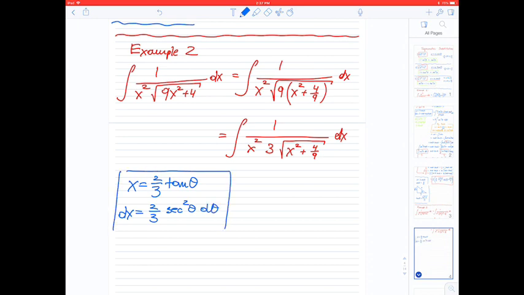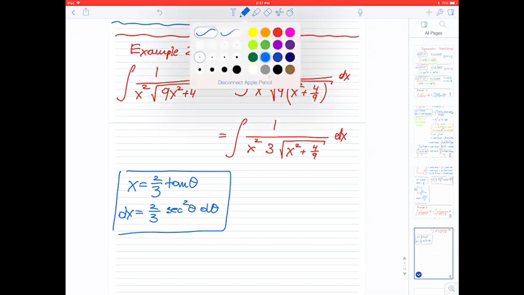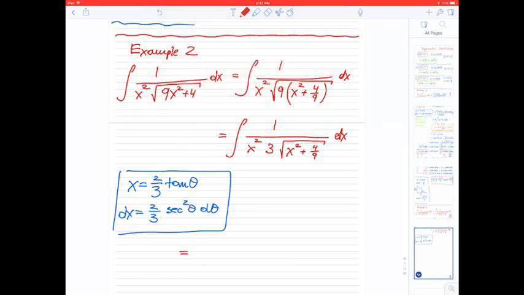Let's put everything into that integral. Okay, I will keep the red color actually. This is 1. x squared will be 2/3 times 2/3, tan square theta. And then we do have 3.